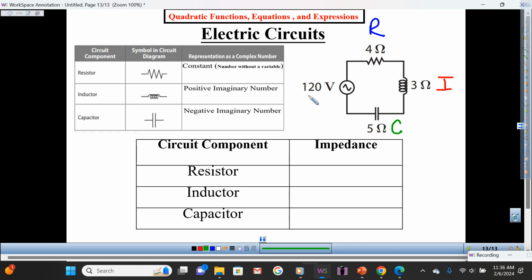And notice here, instead of being just voltage or 12 volts, this is how much? 120. That means they're talking about maybe a room in a house that has current, and they have those circuits in there. Now, check this out. Now, I'm going to translate this into numbers. Here we go. A resistor, we said it was just a real number. So what would it be? 4.